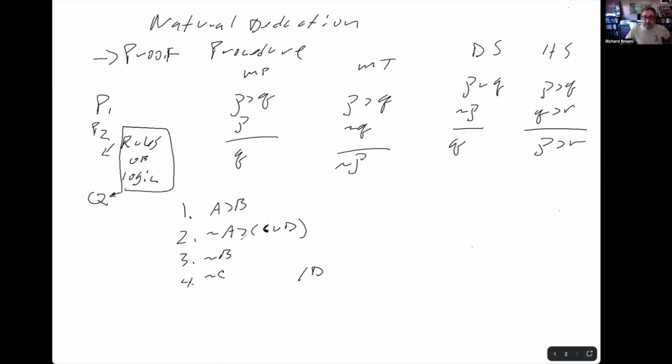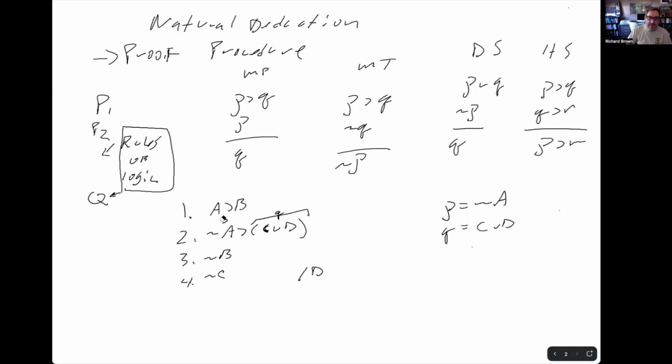Now, this is connected by a horseshoe, and we know that we have rules that tell us about horseshoes, and that's modus ponens and modus tollens. So what we want is to have C wedge D. If you look at line 2 and you think of the P term as being tilde A and the Q term as being C wedge D, then line 2 says P horseshoe Q, because now this whole thing over here is P, and this whole thing inside the parentheses is Q, and the main operator is the horseshoe.